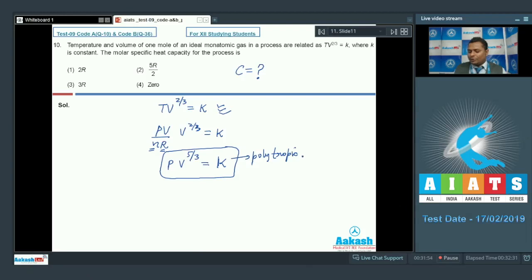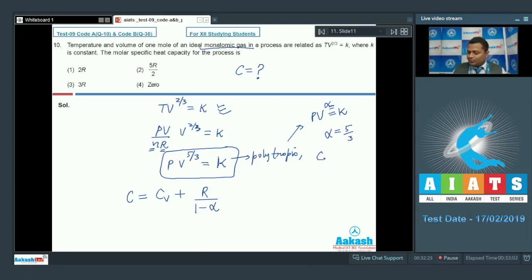For a polytropic process, the molar specific heat capacity is given by C equals Cv, the specific heat capacity at constant volume, plus R divided by (1 minus alpha), where a polytropic process is given by P V to the power alpha equals K. After comparing, you will get alpha as 5 by 3, and a monoatomic gas is given.